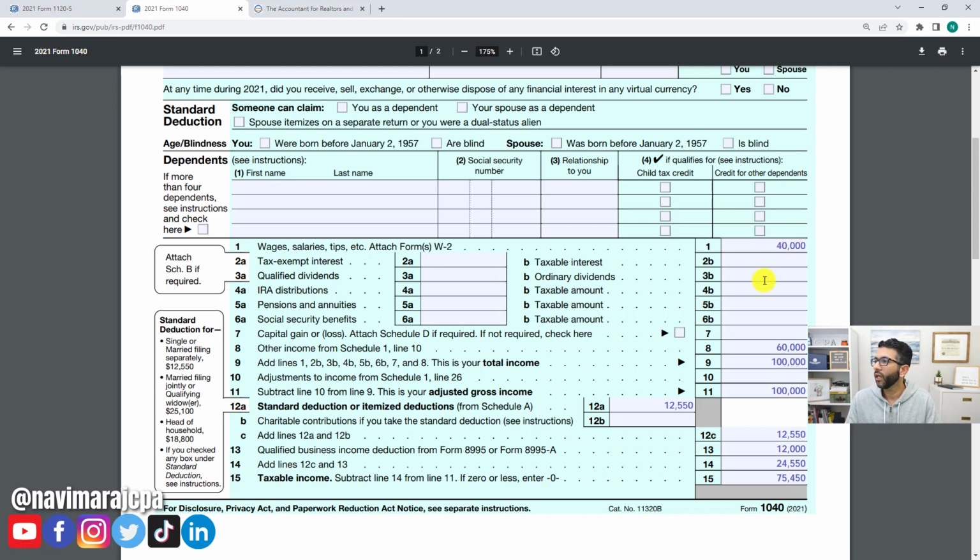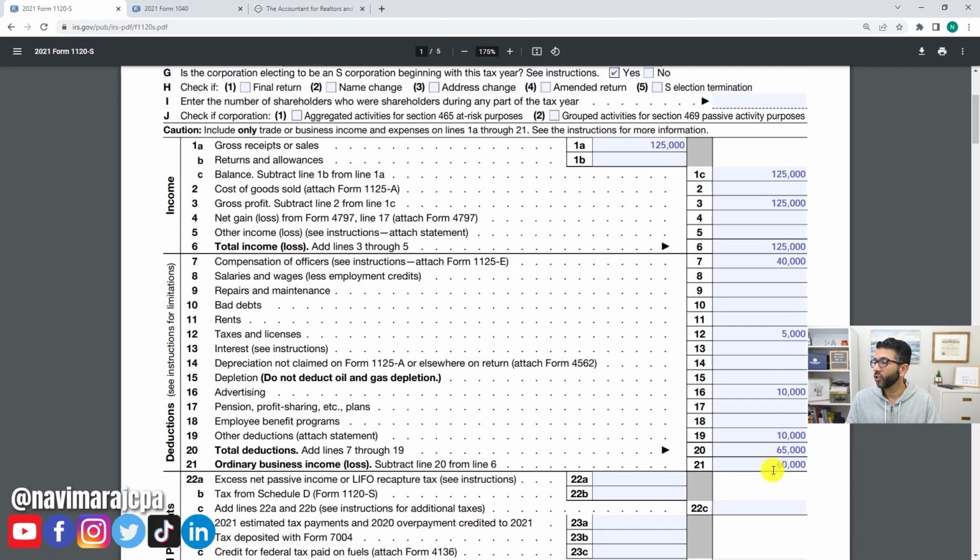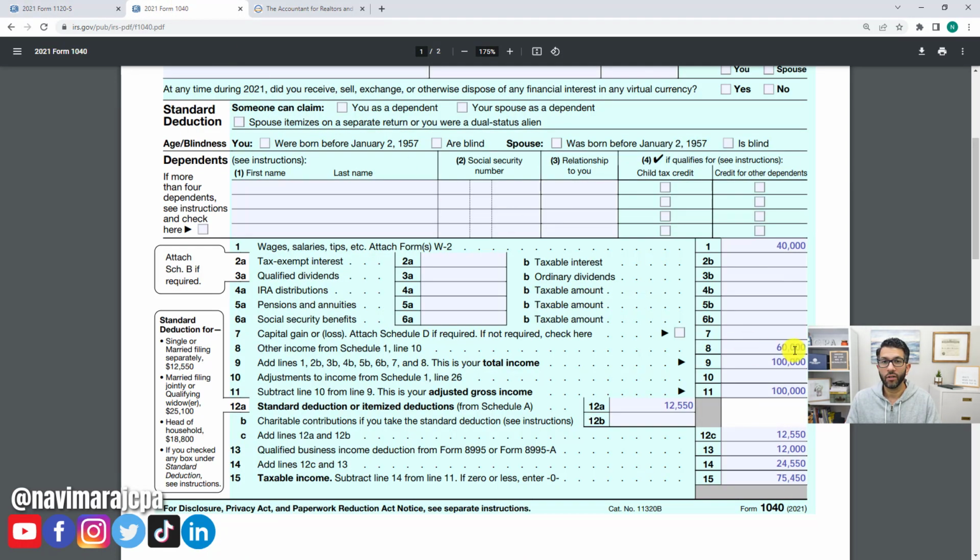That's income to you. Then on line 8 is the other income that came from the S corporation. If we scroll down further, that's this ordinary business income, the additional $60,000. So the total income that was mostly or all generated from the S corporation is $100,000.